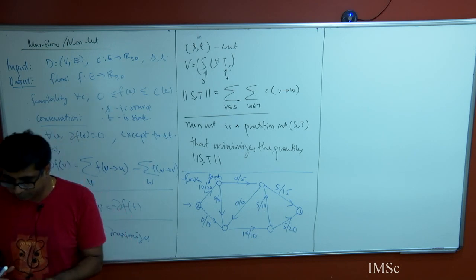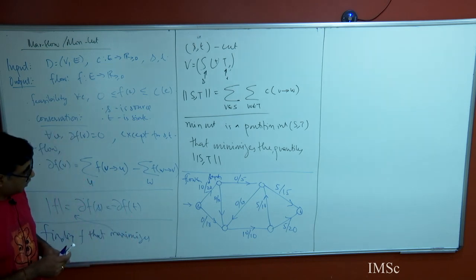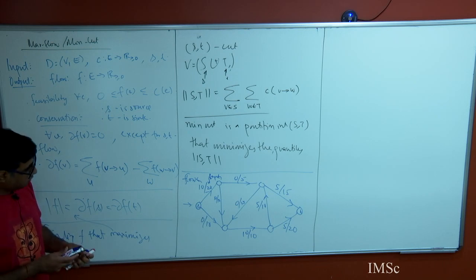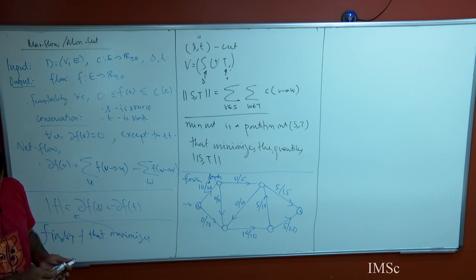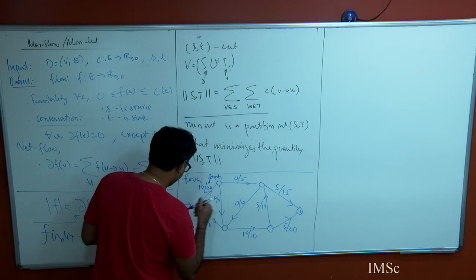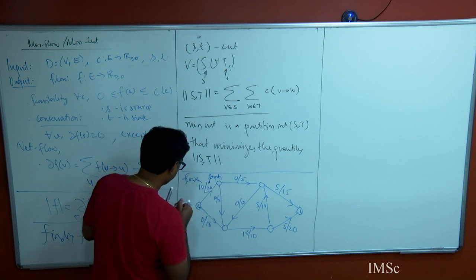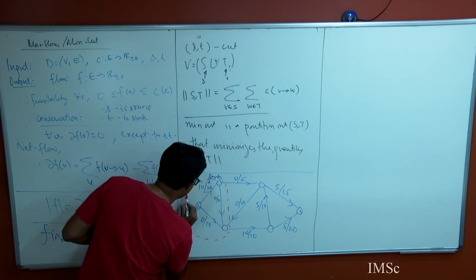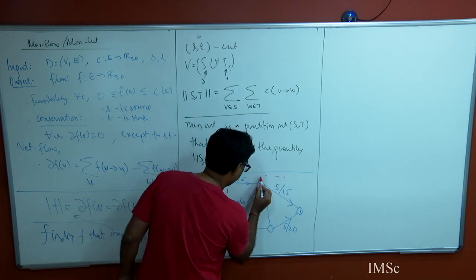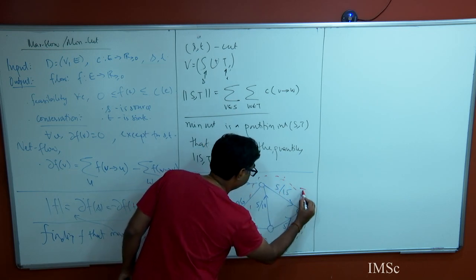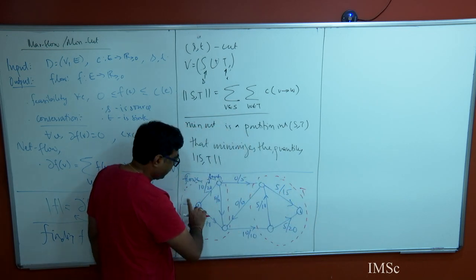Okay. So for example, in this, if I would have taken this as S and this as T, then what is the capacity of this cut?